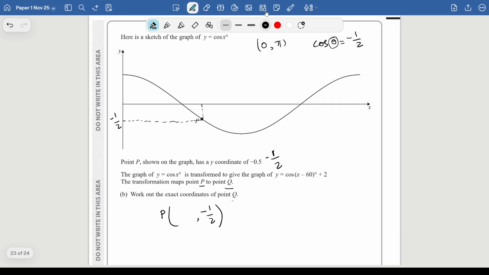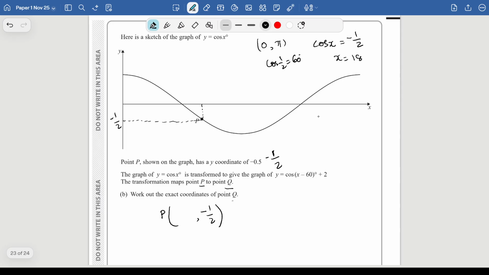Or let me write it as x, just to avoid any confusion. So cos x is negative half. What angle x will give you negative half? In the range 0 to pi, I'm talking about the second quadrant now. So in the second quadrant, it will be 180 minus. We know cos of half is 60 degrees, right?